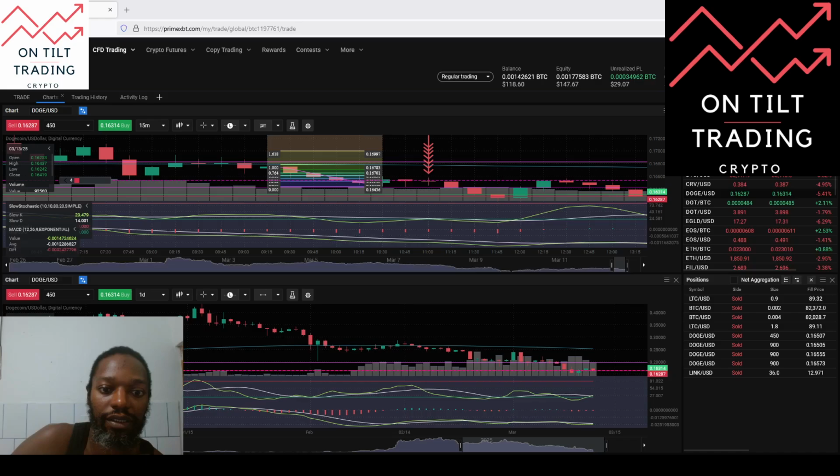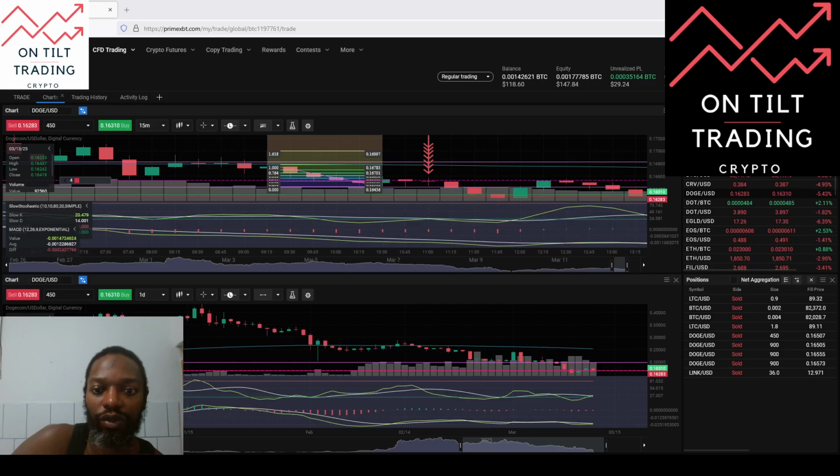So to me, this could be the potential for a pullback since it's oversold. People may want to buy, but when it's oversold, it can also just be weakness.